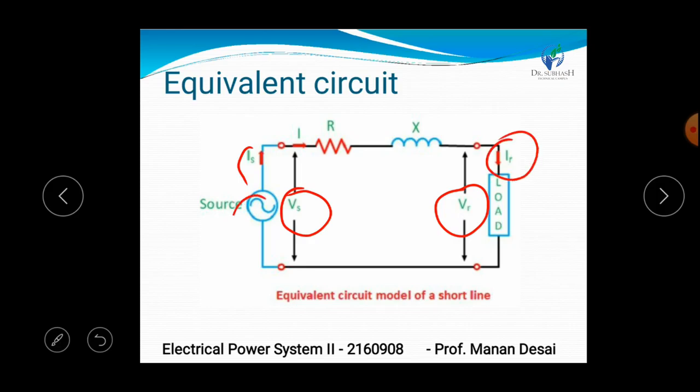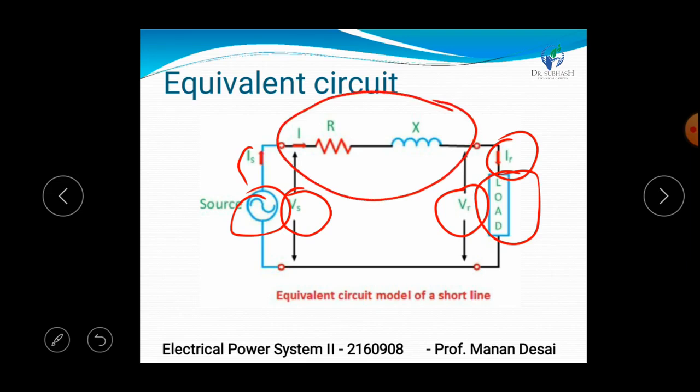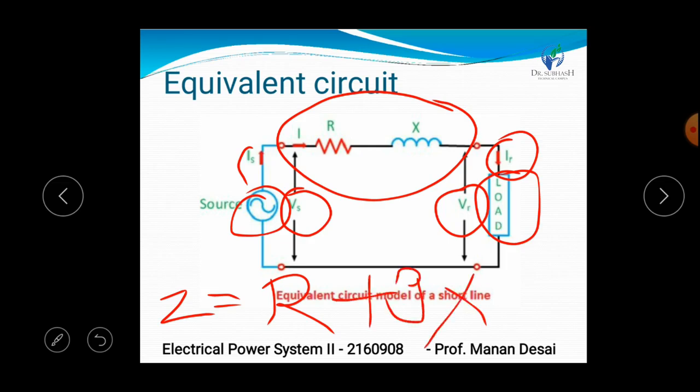There is a source and load, and the transmission line is connected with the two parameters R and X, represented by Z equal to R plus jX. So it is impedance.